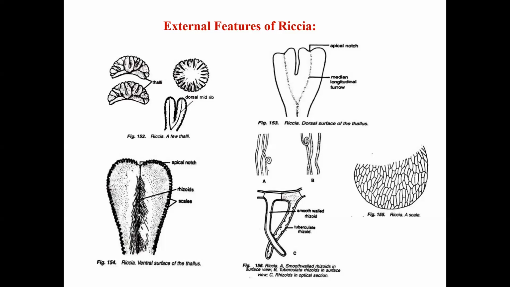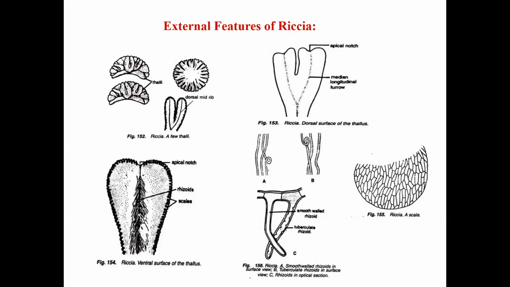A notch is found on the terminal end of each branch, on the dorsal side of the thallus. The growing point is situated in this notch.